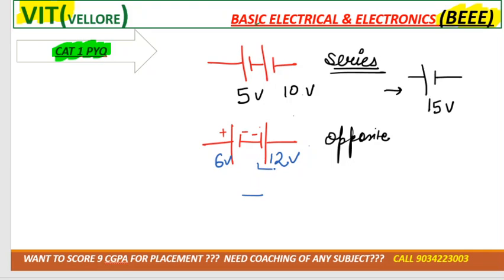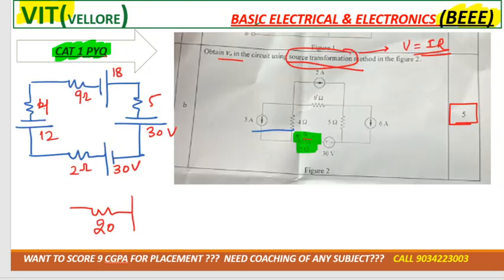Minus 6, take the batteries here, 1 by 1, that means negative is connected with positive, that means they are connected, 35 will become 30, right? Again negative, that means they are in 5 plus 18.